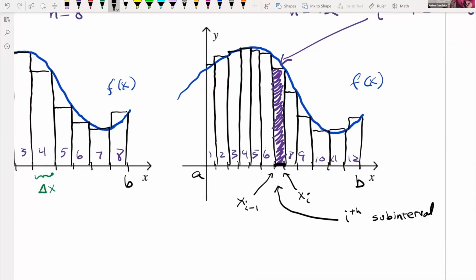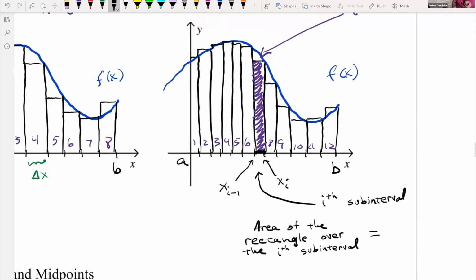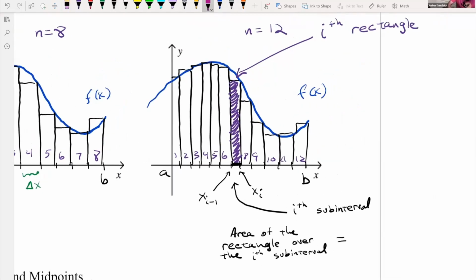And the area of the rectangle over the ith subinterval equals, well, it's going to equal this height here, or if you want, the length times the width.